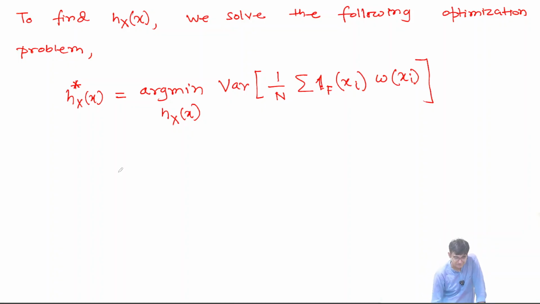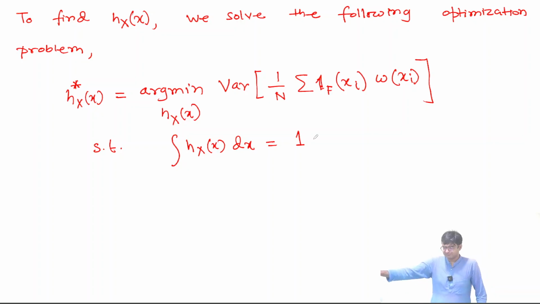So this is subjected to integration of hxx dx is equal to 1, right? This is the obvious constraint that I have to handle. You follow that, right? So this is the problem statement, and if you can solve this problem, you are ready to find out hxx.